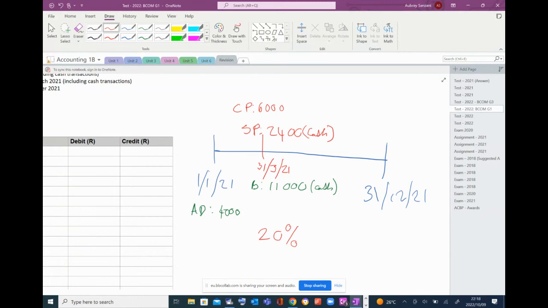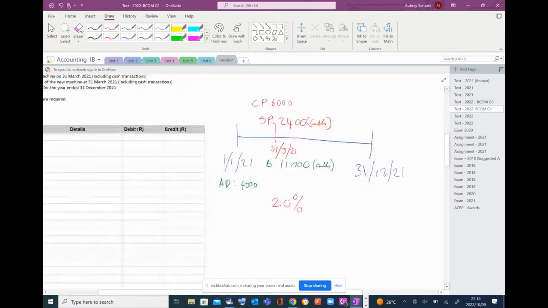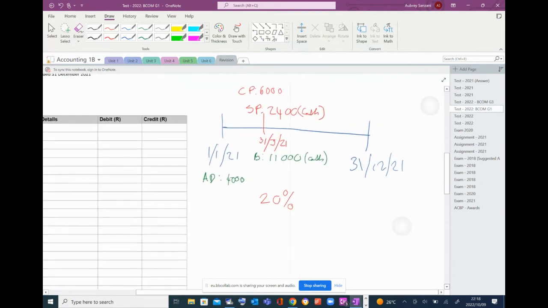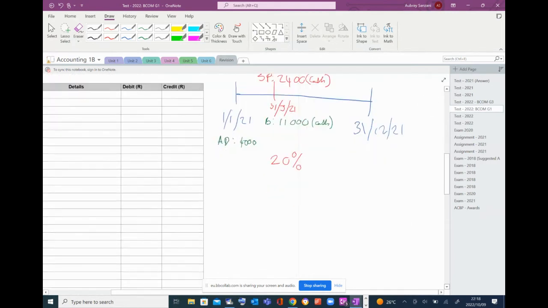Yeah, that's what we need to do. We need to calculate the depreciation on that asset. So how do we go about it?